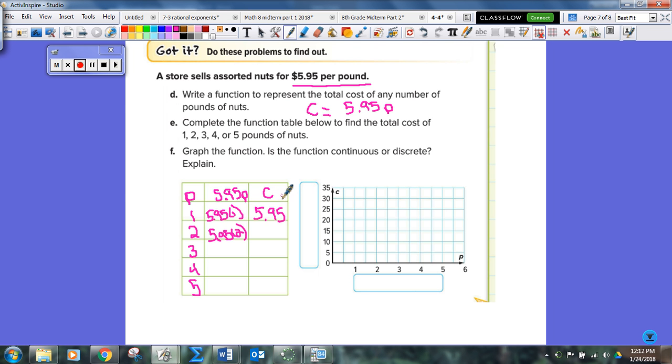The calculator's giving me problems. All right, so you have $5.95, $11.90, $17.85, $23.80, and $29.75. So this is pounds of nuts.